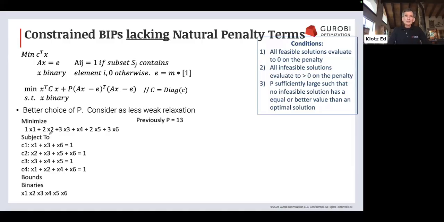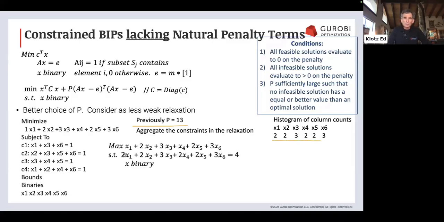So let's illustrate on a small model. And using our previous relaxation on this model, we would get a penalty term of 13. We can look at the histogram of column counts. And when we do that, what we're really doing is we're aggregating the constraints, the 4 constraints in this problem.